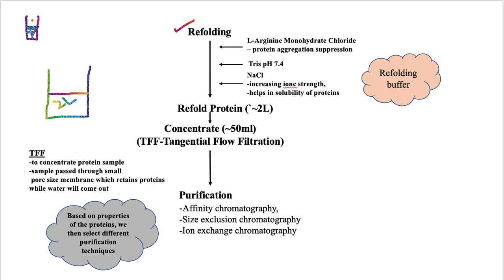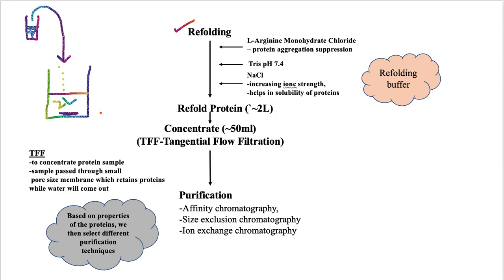Now we use small tubes, and through these small tubes we put the unfolded proteins in the form of tiny droplets into the refold buffer with continuous stirring, and continue this whole process, this dripping of unfolded protein into the refold buffer, until all the unfolded protein gets into the refold buffer.